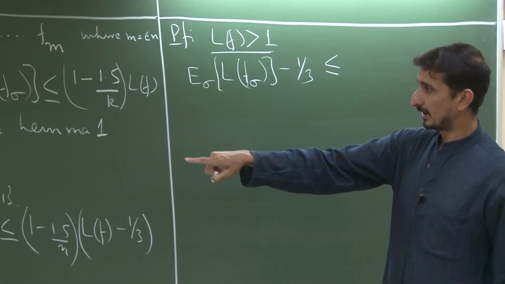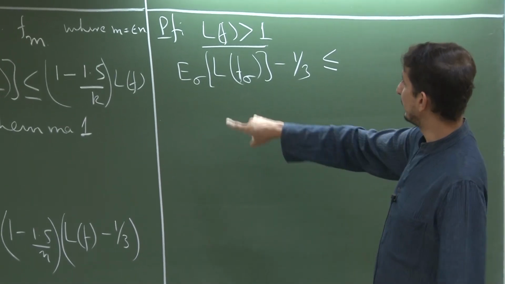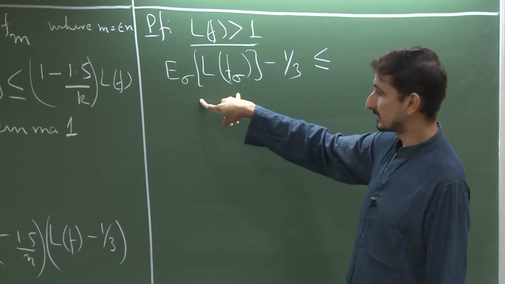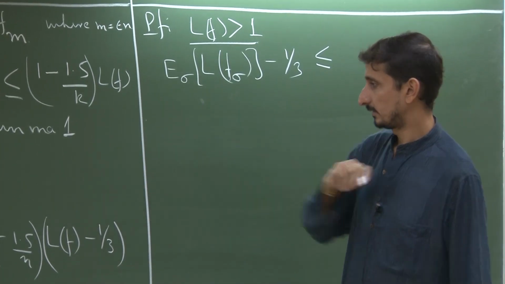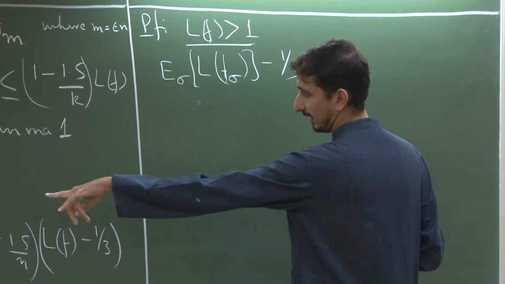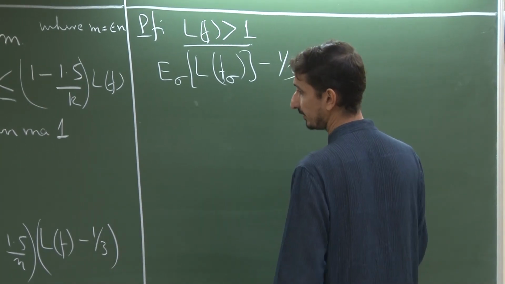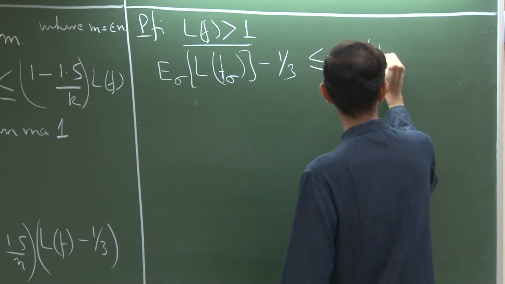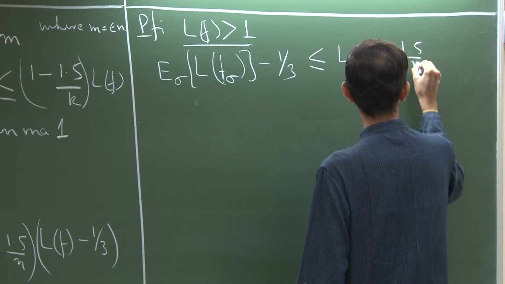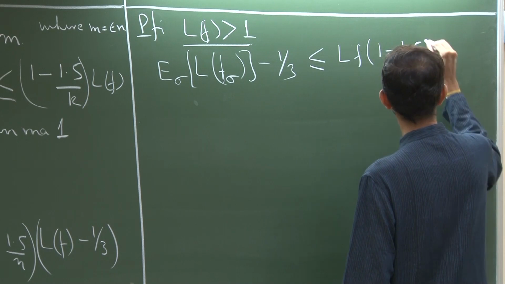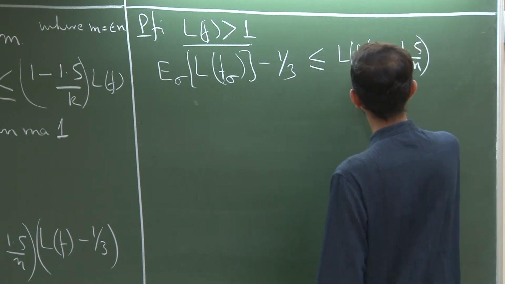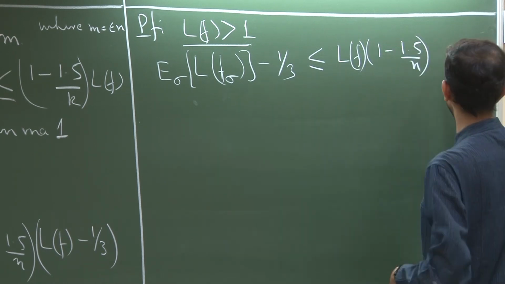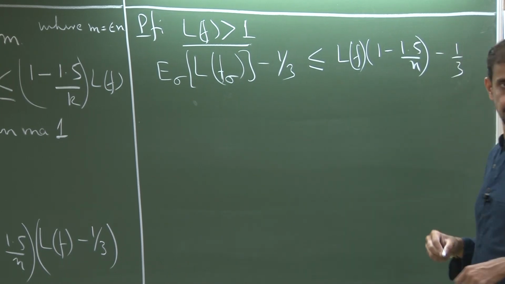By lemma 1, we know that if L of f is greater than 1, this quantity is bounded by L of f into 1 minus 1.5 over n, right. So, this is L of f into 1 minus 1.5 over n, and I have a minus 1/3.